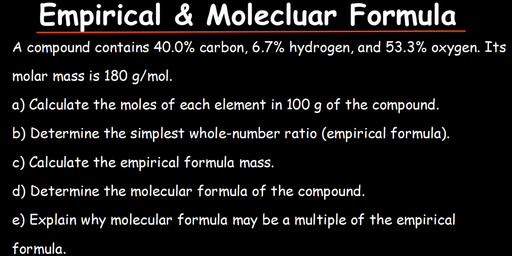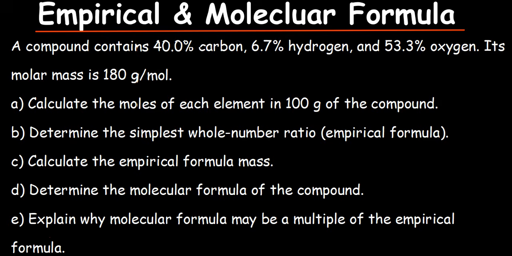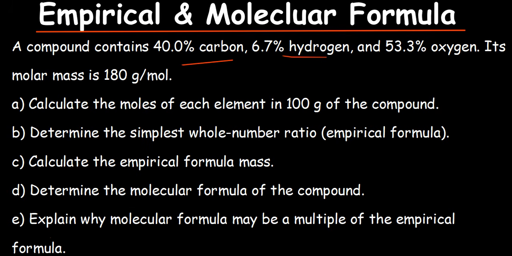We've been told to calculate the moles of each element in 100 grams of the compound. Okay, so let's start. What do we have? We've got carbon 40%, hydrogen, and oxygen, CHO.